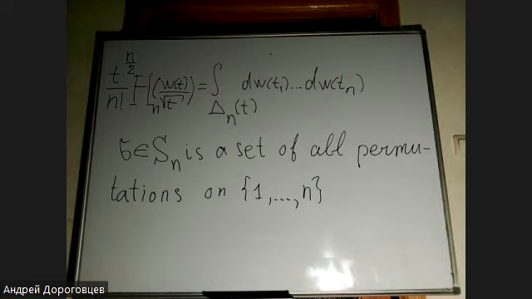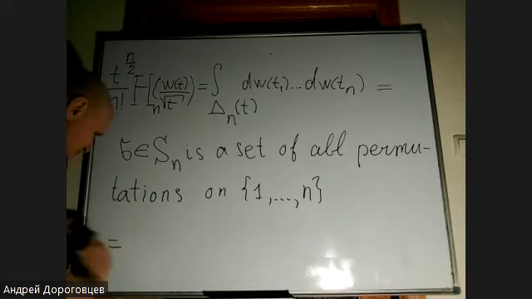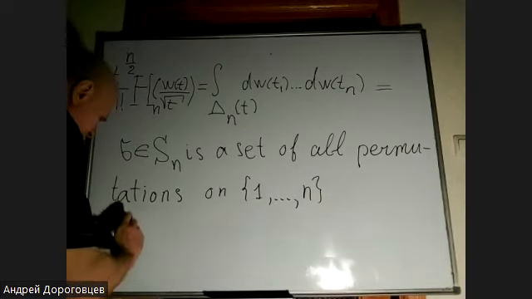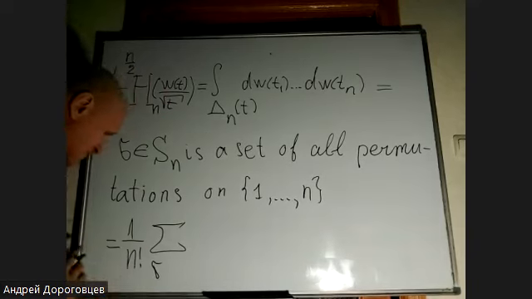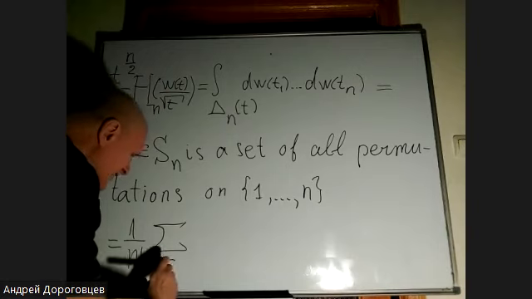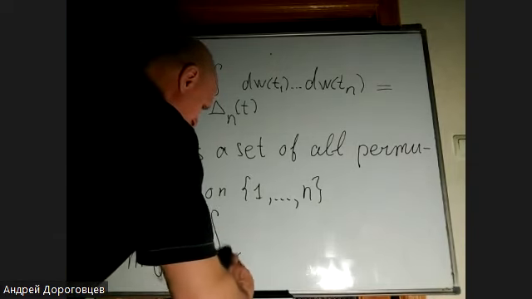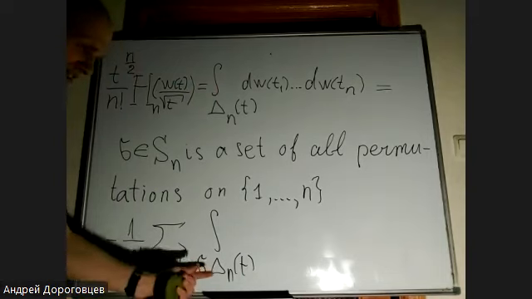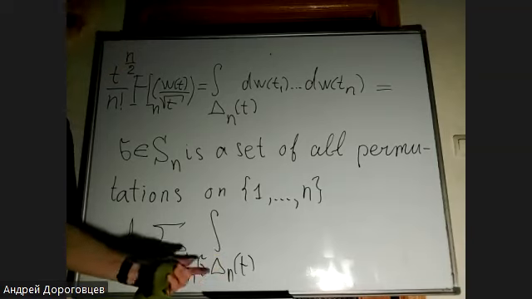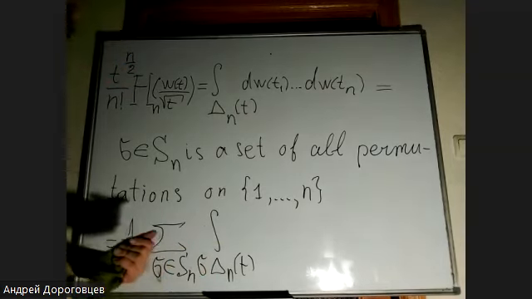Then it's easy to see, this is just a matter of notation, that it can be written as follows. It is equal to 1 over n factorial times the sum over all sigma which belongs to S_n of the integral over Delta_n^sigma(t). What does it mean? It means that we are considering a simplex again, but I change the number of coordinates.